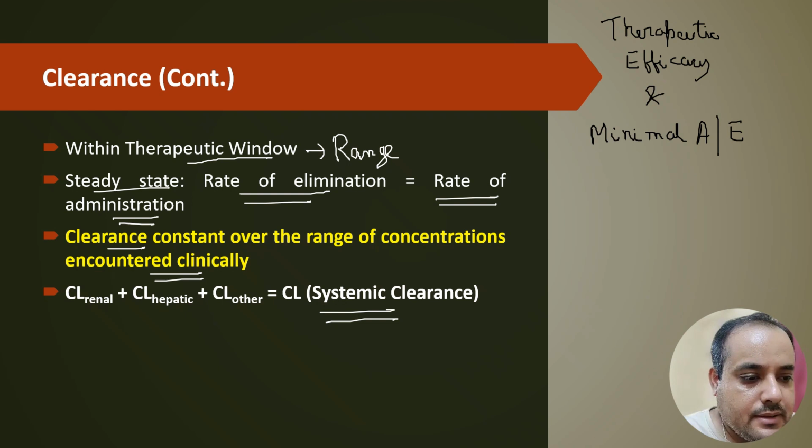Suppose renal and hepatic are clearing it, or any other organ, say something like lungs. The sum total of all these clearances will ultimately give you the systemic clearance.